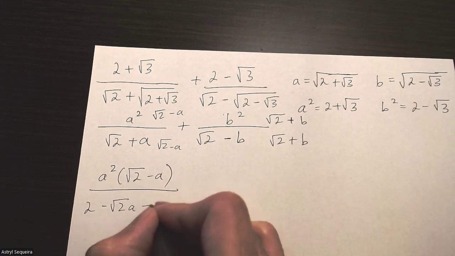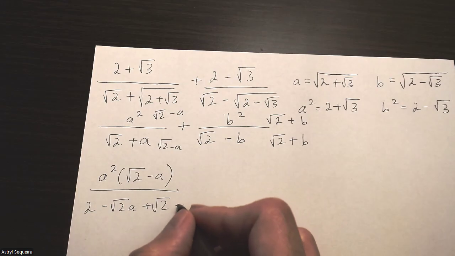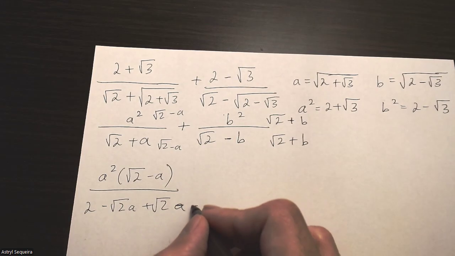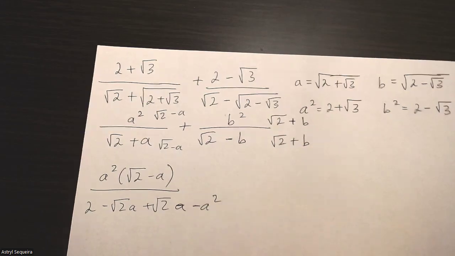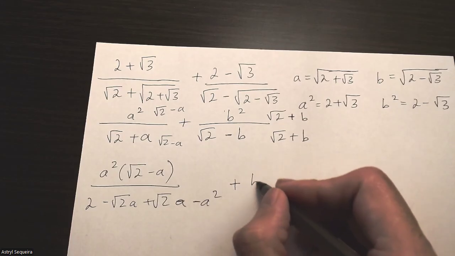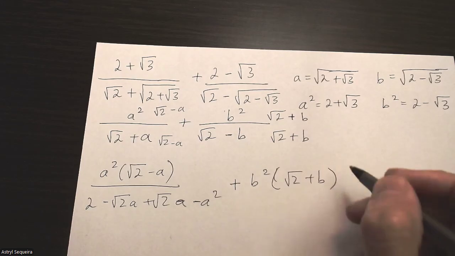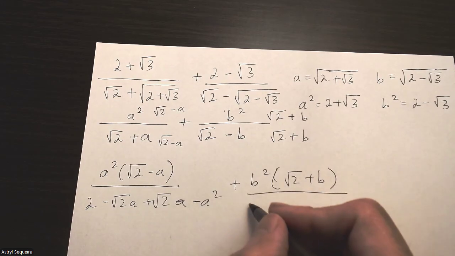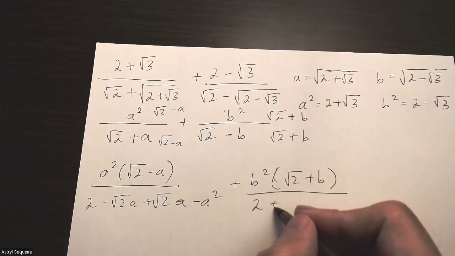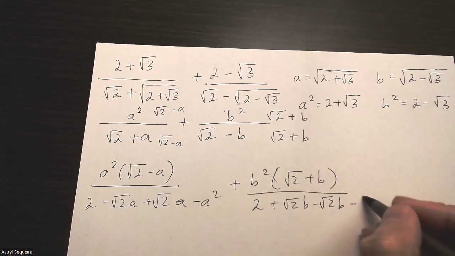Minus root 2a plus root 2a minus a squared. And then over here, I'm going to have b squared times root 2 plus b, over 2 plus root 2b minus root 2b minus b squared.